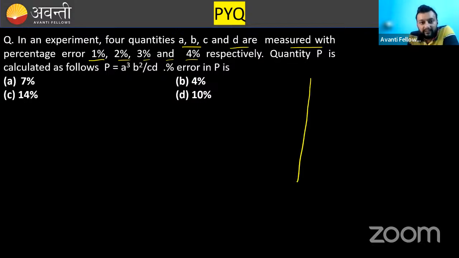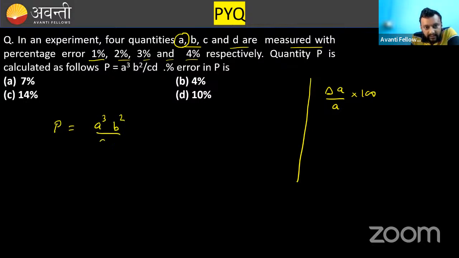If they are talking about the percentage error in A, it can be written as delta A over A into 100. This is the representation of percentage error. Clear, I think. They are saying that P is related as A cube B square divided by CD.